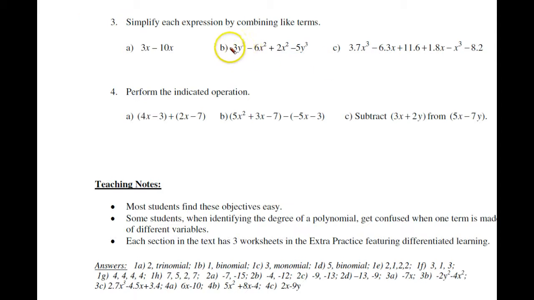A technique to do this would be to put the like terms in like term columns. This is a like term, and this is a like term. This is a like term, and this is a like term.